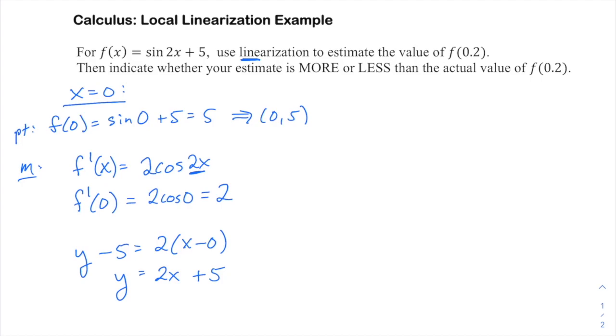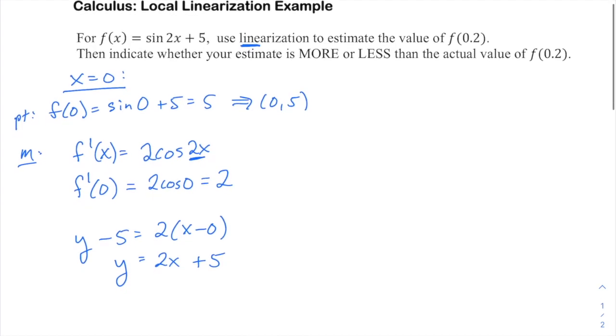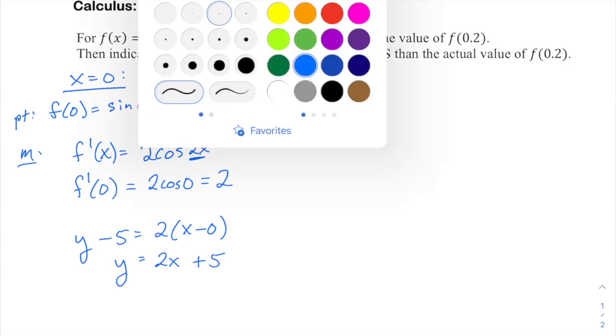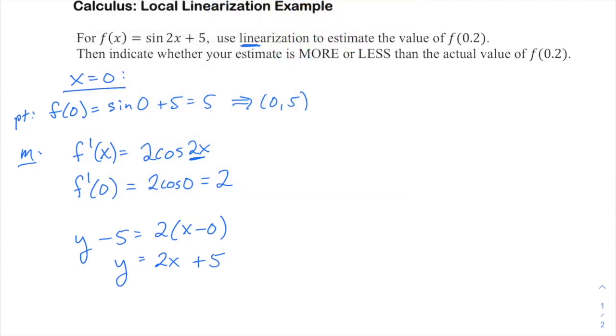And then I'm going to use that to estimate the value of f of 0.2. So here's the idea, right? For f of 0.2, I'm going to plug 0.2 into this tangent line. Basically you're getting the y value on the tangent line, and that should be pretty close to the y value on the curve.